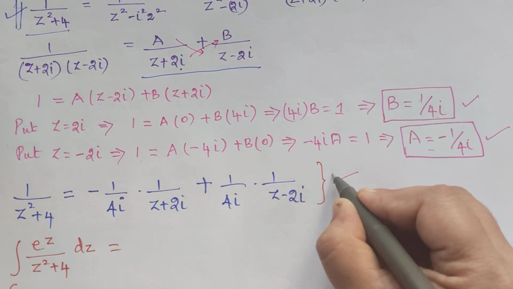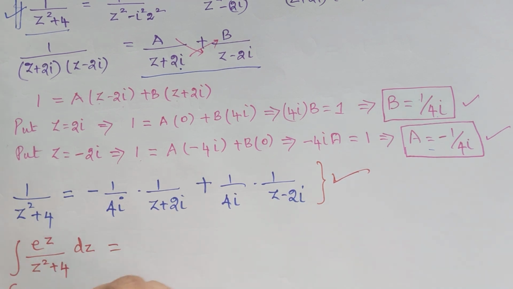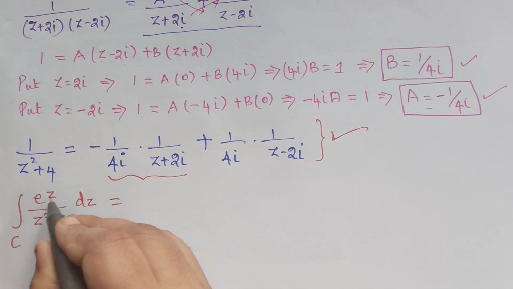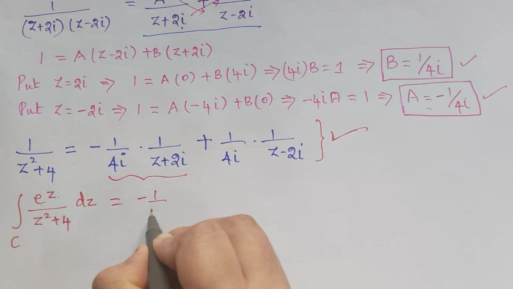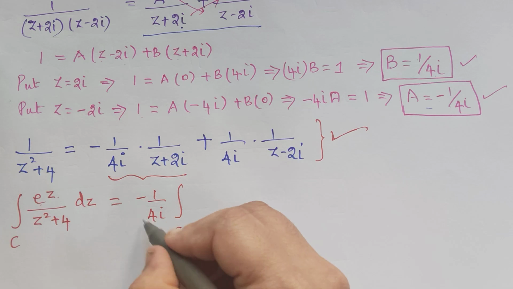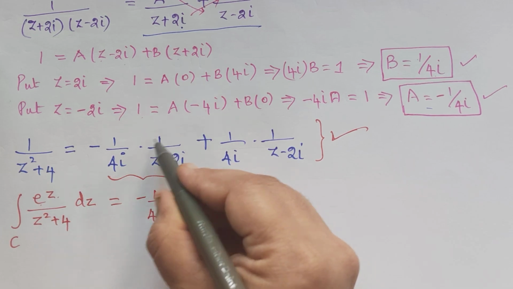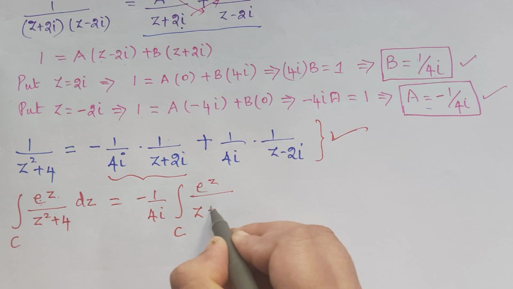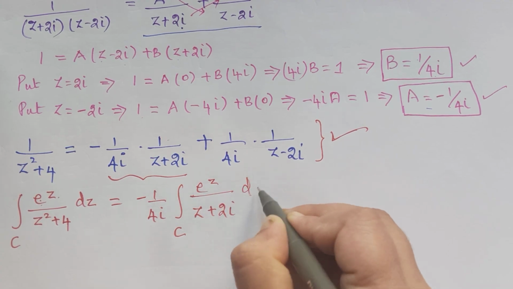By using this over here, we can rewrite this integral as, first this multiplied with e power z, so minus 1 by 4i integral over C, because this is a constant I have written it outside, and this is e power z divided by z plus 2i dz.